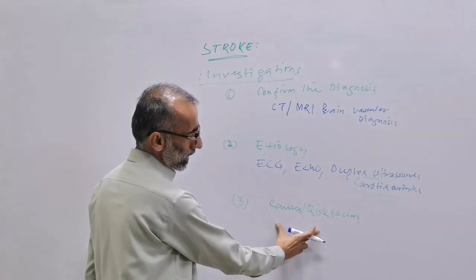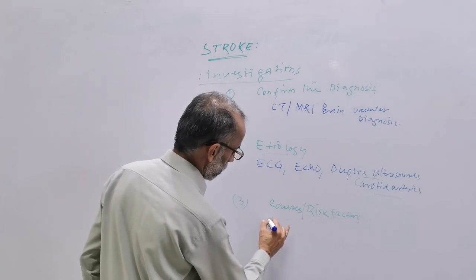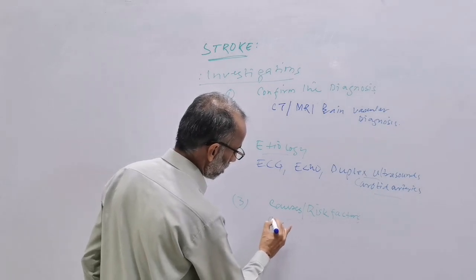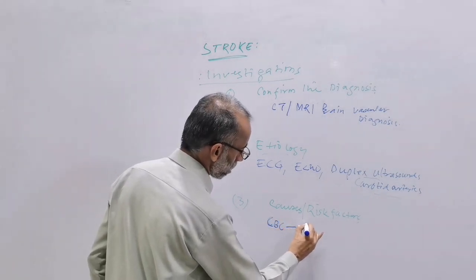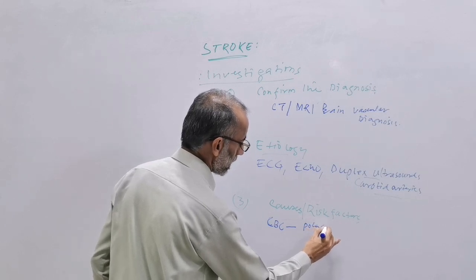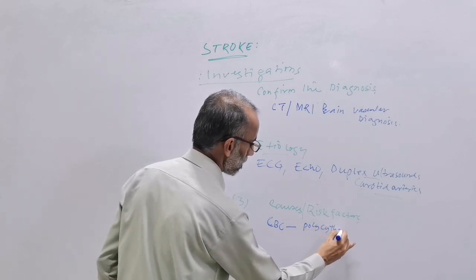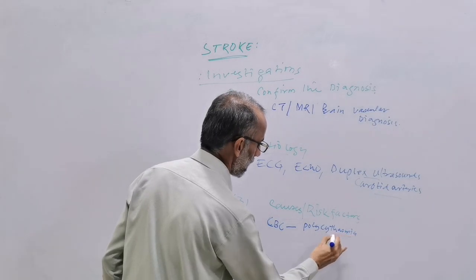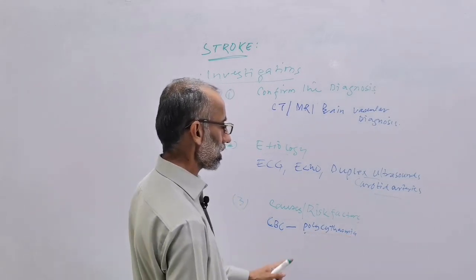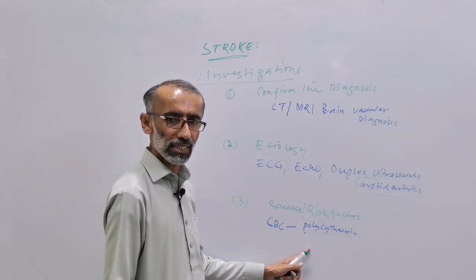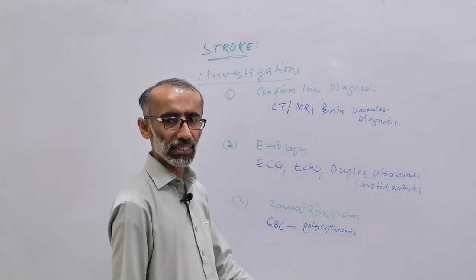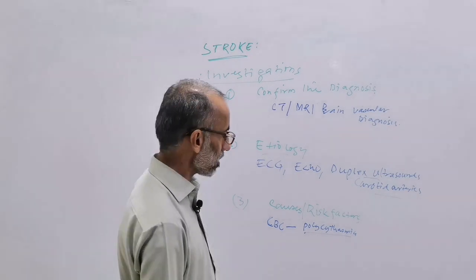To ascertain the risk factor, we have to do the CBC to look for polycythemia, increased viscosity of the blood, as a risk factor for stroke.